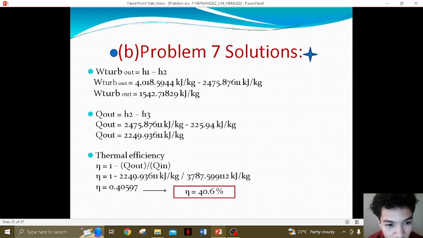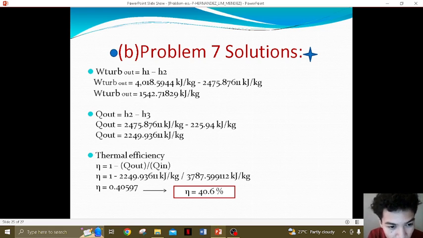So for the heat going out, H2 minus H3 is equal to 2475.87611 kJ/kg minus 225.94 kJ/kg. Then you have the answer of heat going out of 2249.93611 kJ/kg. So your thermal efficiency η is equal to 1 minus the heat going out over the heat going in.